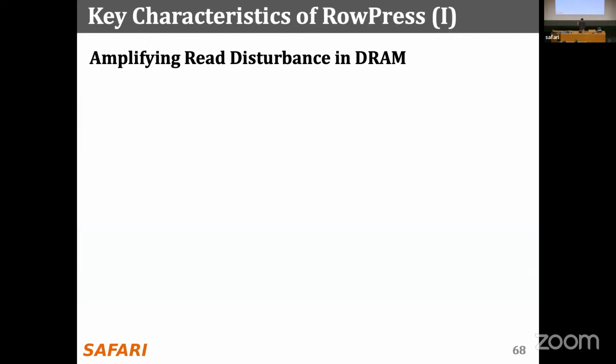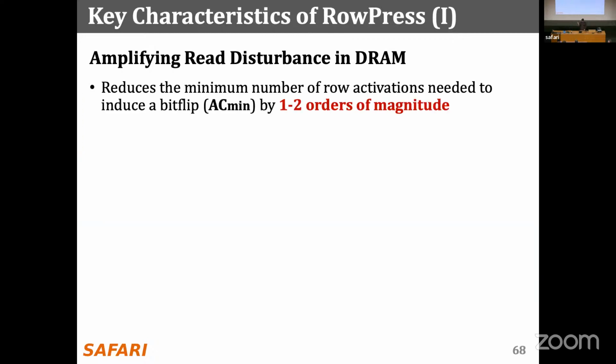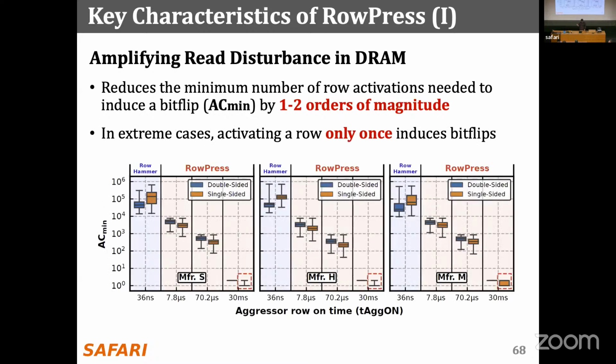The key characteristics of RowPress and how it amplifies disturbance can be summarized in this figure. On the x-axis, we have how long the DRAM row is kept open. And the y-axis, AC min, is the minimum activation count on the aggressor row you need to induce the first bitflip. We also investigate two access patterns.